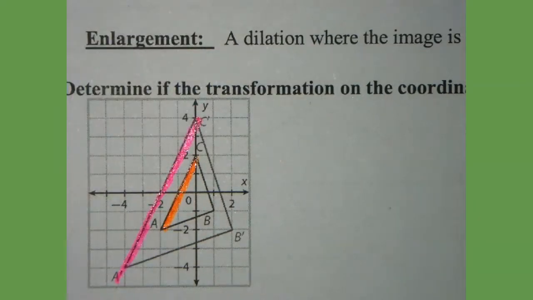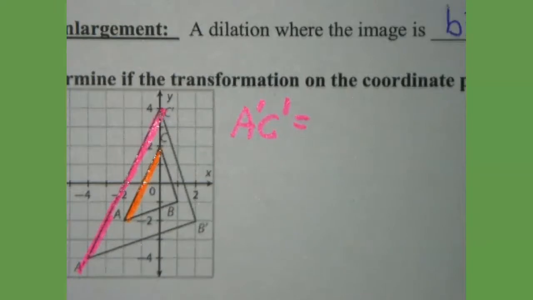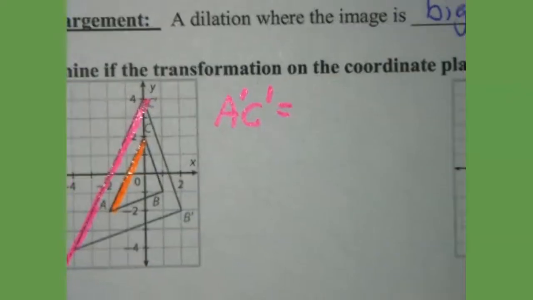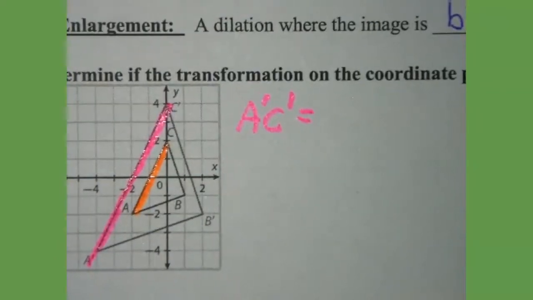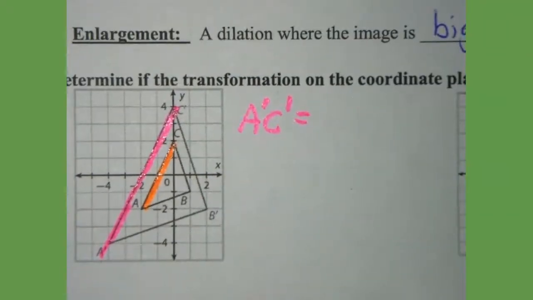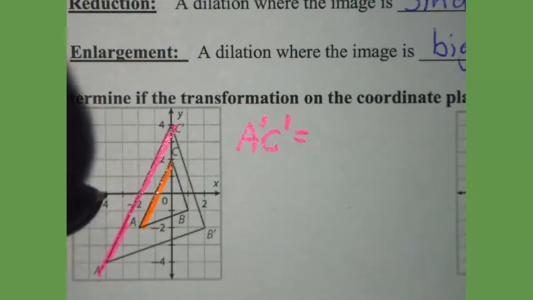So first I'll do A'C'. Now we're not going to use the centimeters because we actually have a grid, so we can count the rise, count the run, and use our distance formula. All right, so we're going to go up 1, 2, 3, 4, 5, 6, 7, 8.